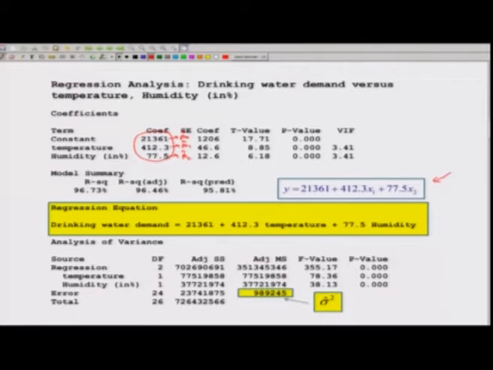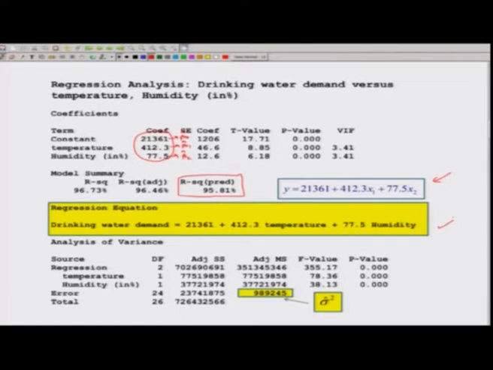Besides R squared and R squared adjusted, we also have here R squared prediction. And this is giving us confidence that if we use this model for forecasting, then the model is going to behave well. So now we have this regression model.